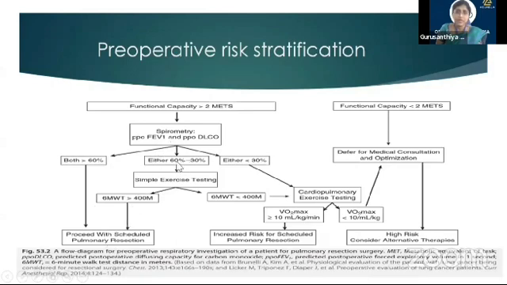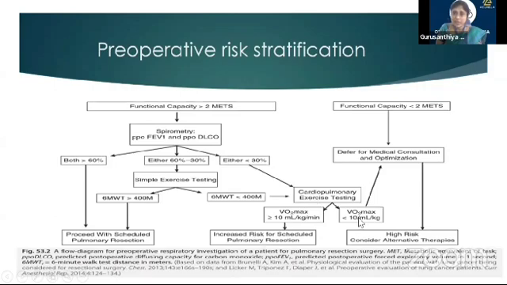You can go ahead with the surgery. But when it is 30 to 60%, you do a simple exercise testing. In the 6-minute walk test, if the patient is able to walk more than 400 meters, then you proceed with the surgery. If the patient is able to walk less than 400 meters, then you go for cardiopulmonary testing. In cardiopulmonary testing, if the VO2 max is more than 10 ml per kg per minute, then you have an increased risk.